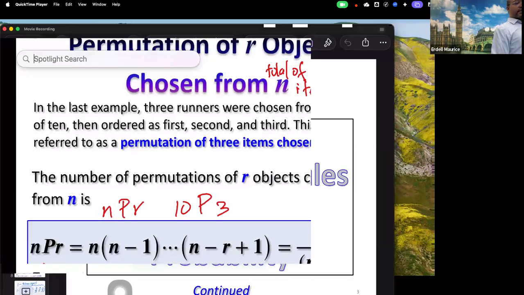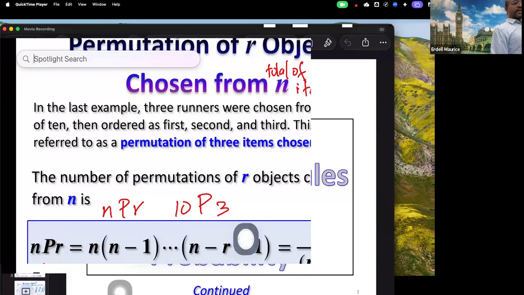And we write 10 permute 3. From the 10, we're only going to do permutations on 3 of them. Questions there? We say 10P3 or 10 permute 3.